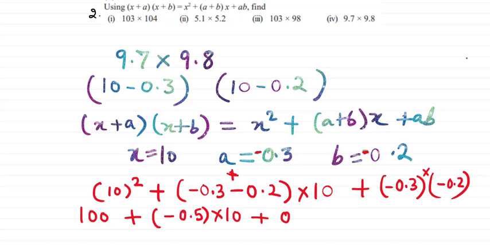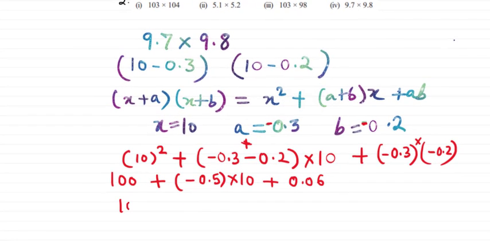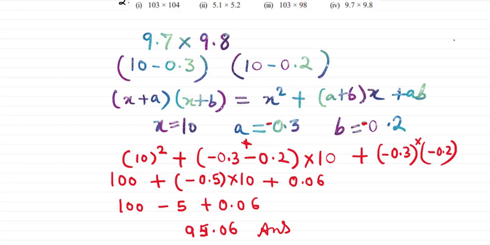So here it will be 0.06, and then you can simplify it. The first one gives you 100 minus 5 plus 0.06. So overall the answer will be 95.06. 100 minus 5 is 95, 95 plus 0.06 gives you 95.06.